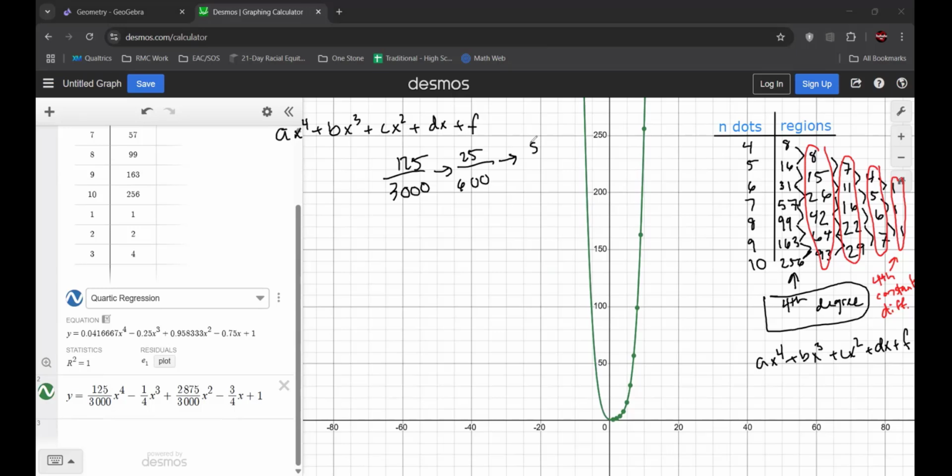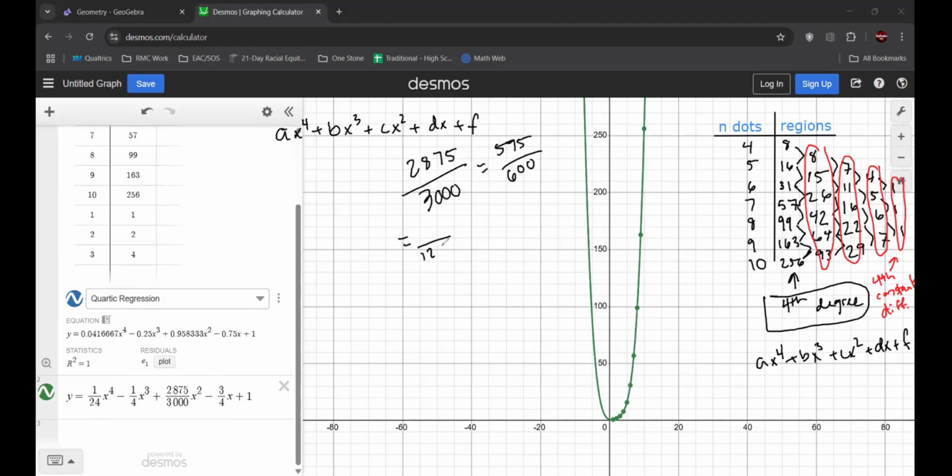We can divide both of those by 5. 25 divided by 5 is 5. 600 divided by 5 is 120. 120 divided by 5. Okay, so that's 1 over 24. Okay, let's reduce our other fraction.